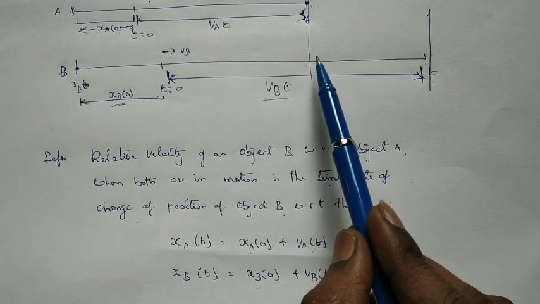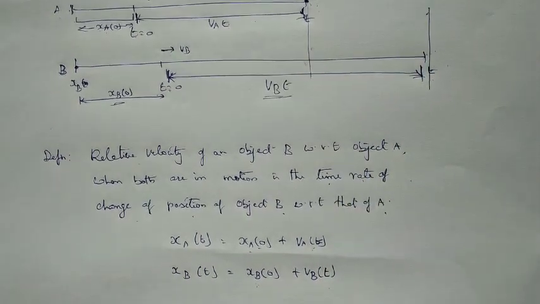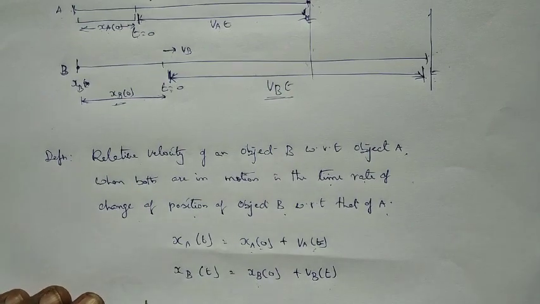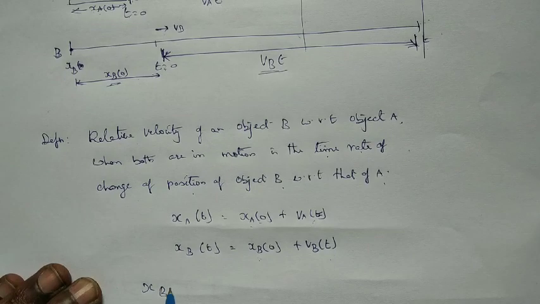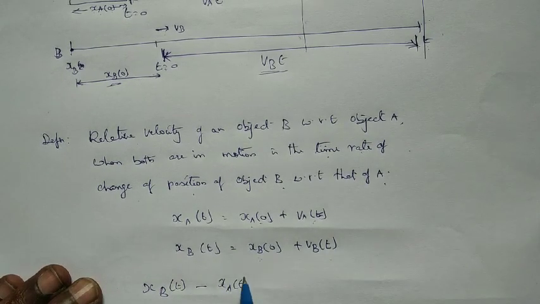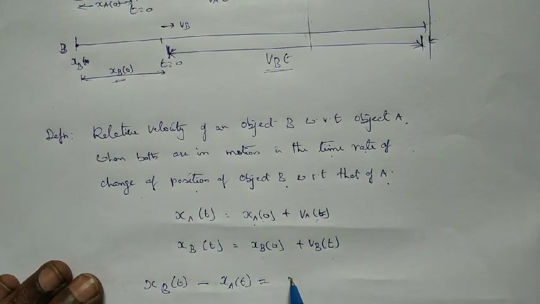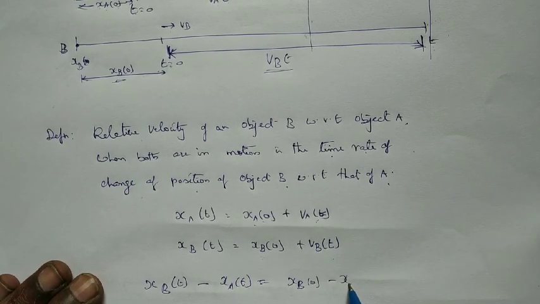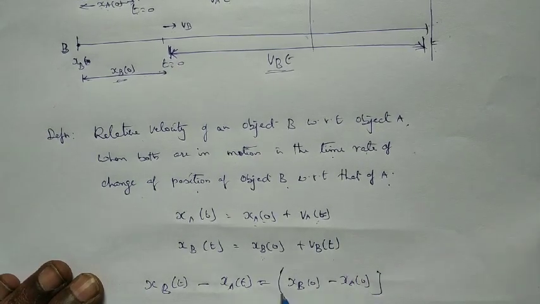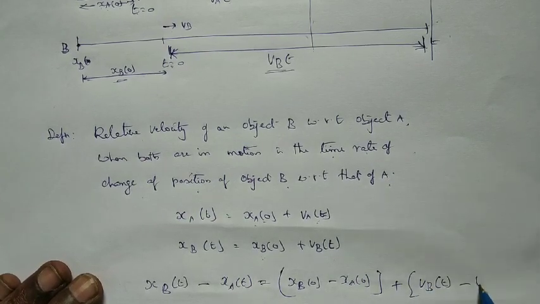Now if you wanted to see the difference here, it becomes xb of t minus xa of t. The difference of the two equations will give you the value xb naught minus xa naught, plus vb t minus va t.